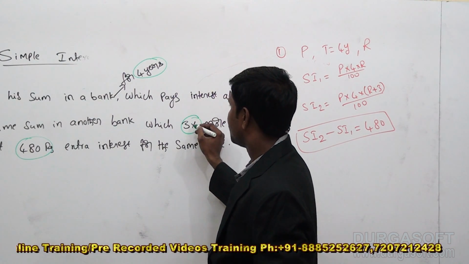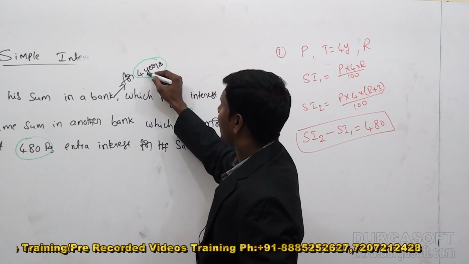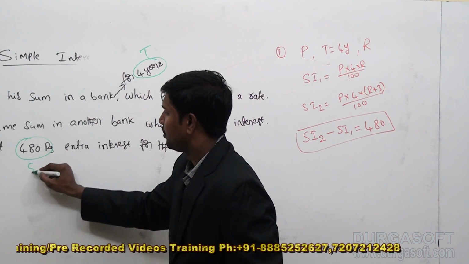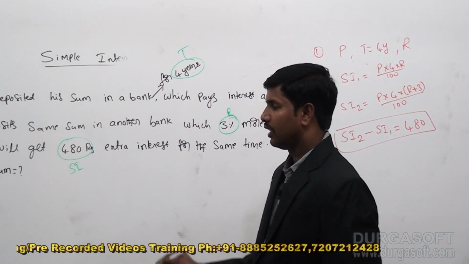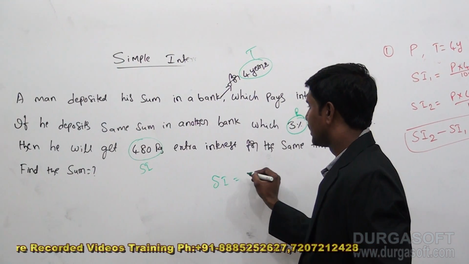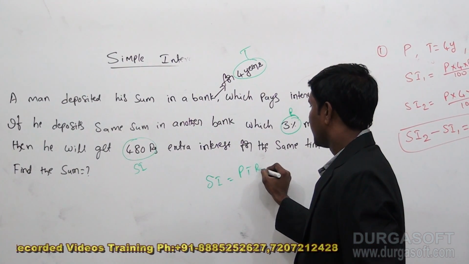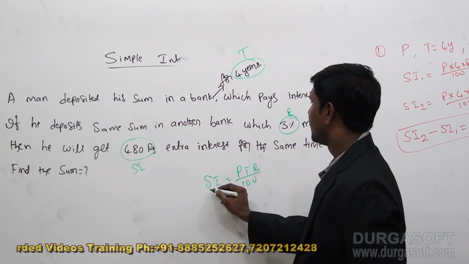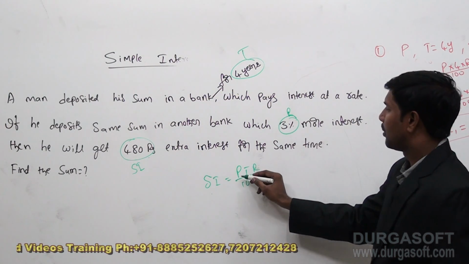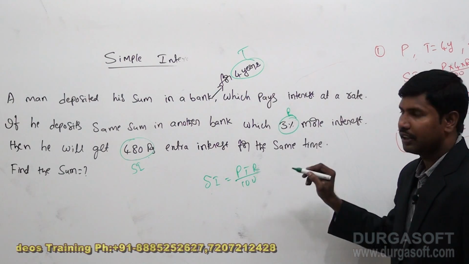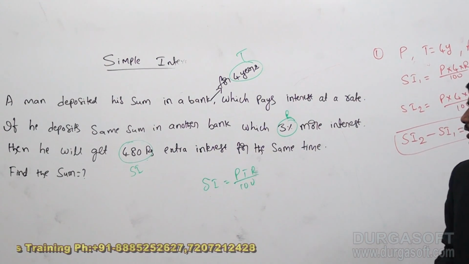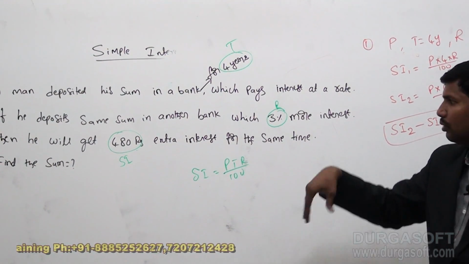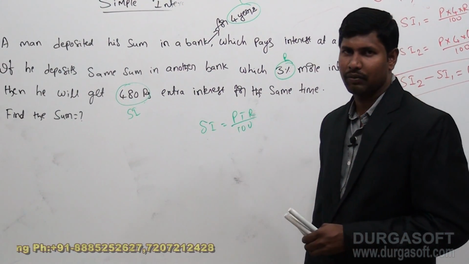Means the rate of interest you can consider as 3, time as 4 years, simple interest as 480. Now you can substitute in simple interest is equal to PTR by 100, where simple interest is 480 and principal amount is not known, time is 4 years and rate of interest is simply 3%. So you can calculate by taking this formula.